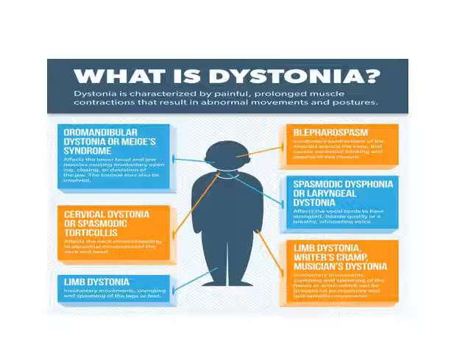And it has to result in abnormal movements and posture. So painful, prolonged, abnormal movements. This is dystonia. This is the triad of dystonia. Okay, what are the types of dystonia? We have oromandibular dystonia or Meige syndrome. Dystonia affecting the muscles of the mandible and around the mouth.